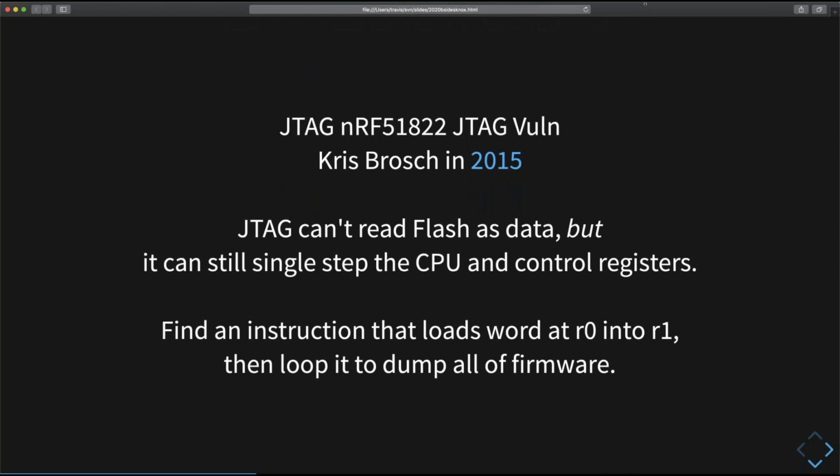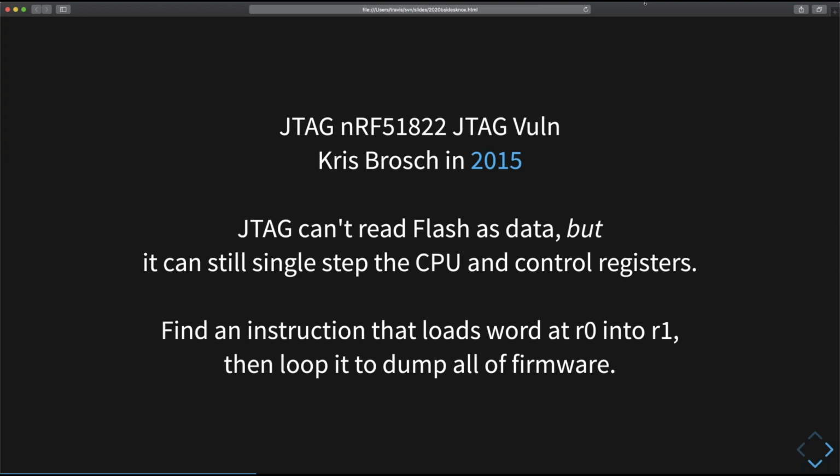The NRF51 is another popular embedded ARM chip with radio support. This is one of the first Bluetooth chips that supported Bluetooth Low Energy and was nice to program. There's a similar situation here in that JTAG was supposed to be able to connect to the chip without being able to dump out all of the code when the device is locked.